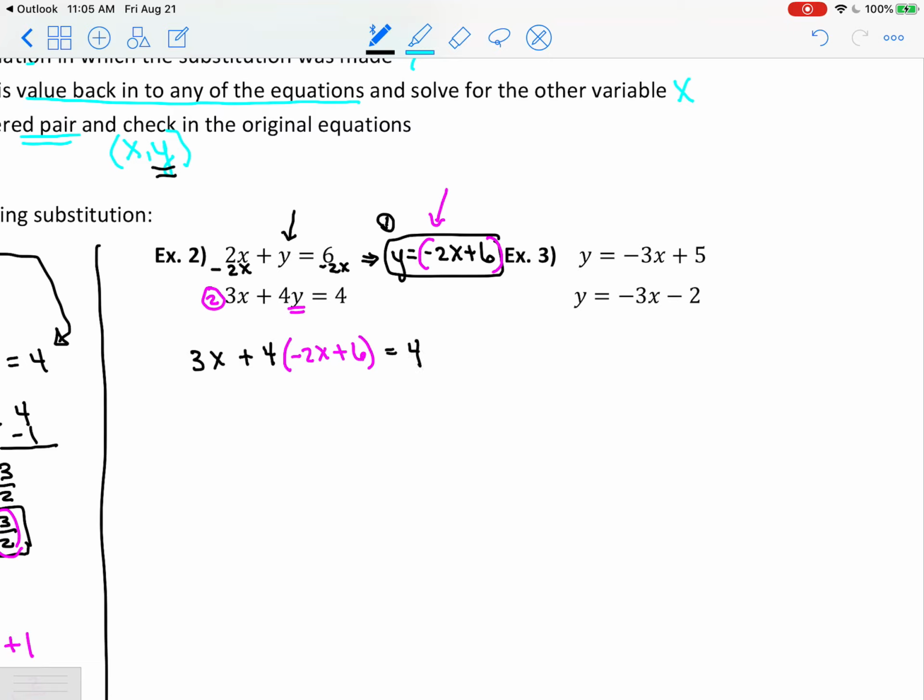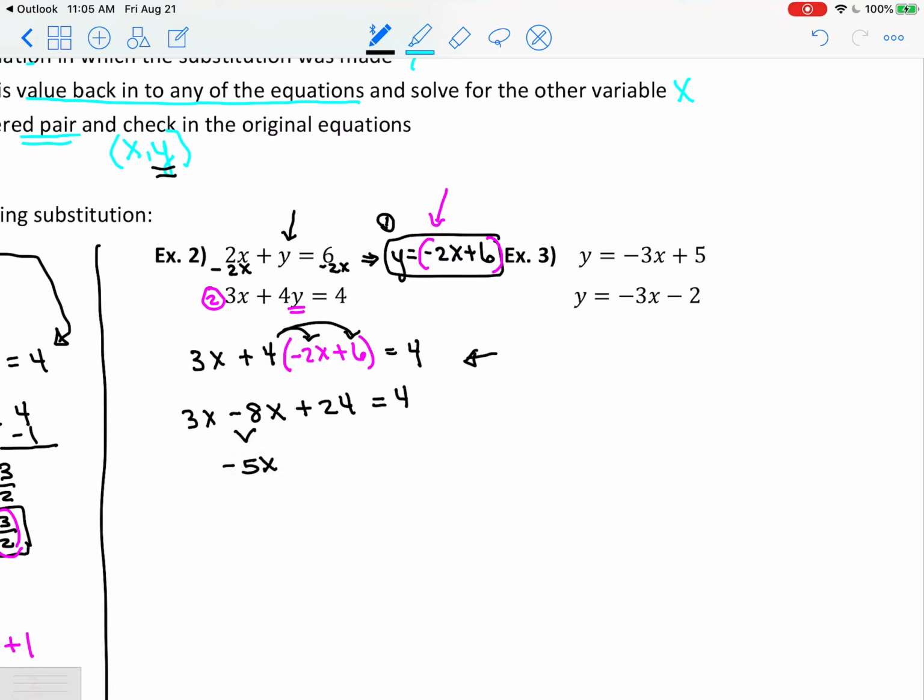And now you can see this entire equation here, the only variable in this equation is x. So now we can go ahead and solve for x. It's like we've got some distributing to do here. So we've got 3x, and we're going to have a minus 8x plus 24 equals 4.